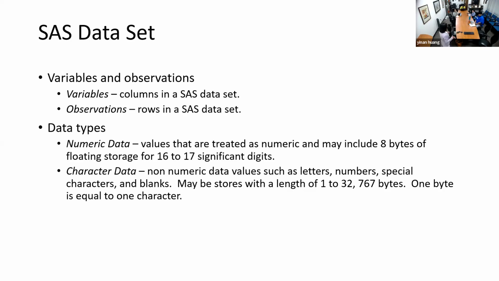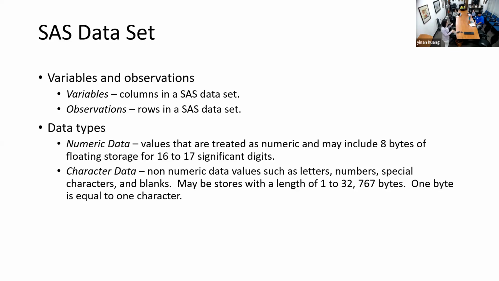This is the basic elements when we talk about SAS data sets. And we also mentioned, if Ivy, can you give us an example among the 50 variables, or can anyone give us an example among the 50 variables? What are the character data, or what are the numerical data? Anyone can give an example.